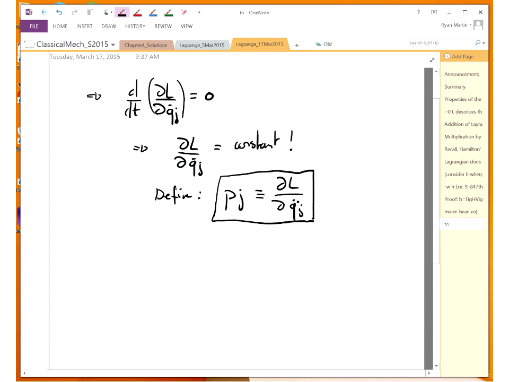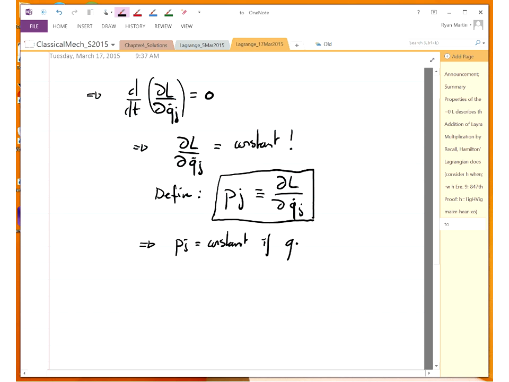But basically, for every Qj, you can do ∂L/∂Qj dot, and that defines a new variable that we call Pj. And it turns out that variable is constant, so Pj is a constant if Qj is cyclic.